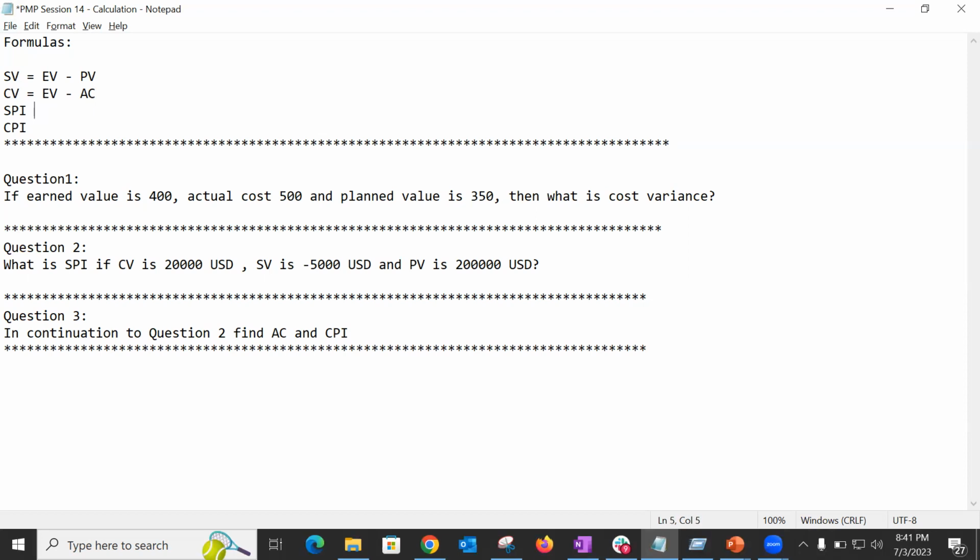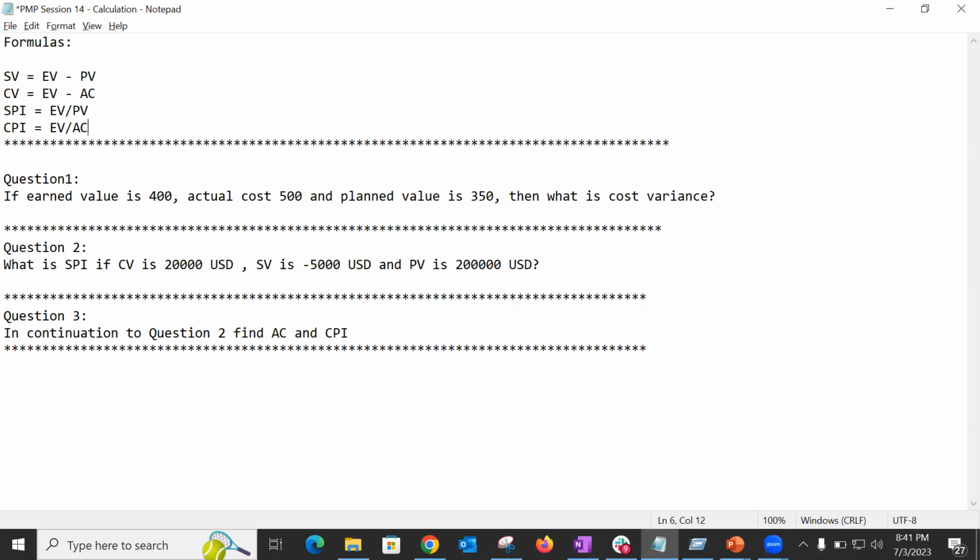Now SPI is more simple. If you know the first part, SV is equal to EV minus PV, then SPI is just EV divided by PV. Now CPI, I think you know it by now. It is just EV divided by AC. Whatever we said about subtracting in the beginning, like cost variance is EV minus AC, then for cost performance index, the formula is EV by AC.